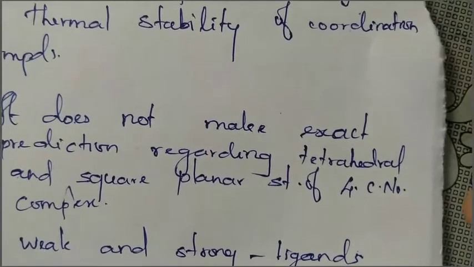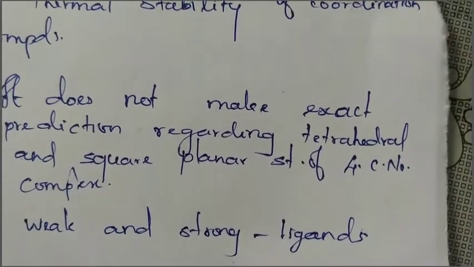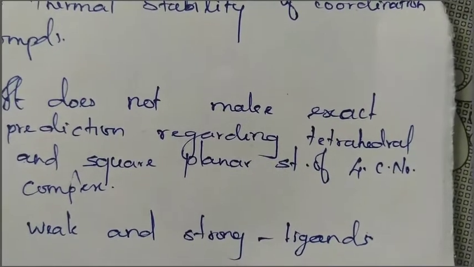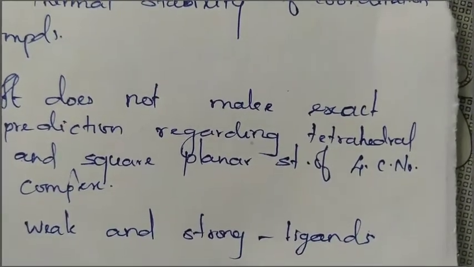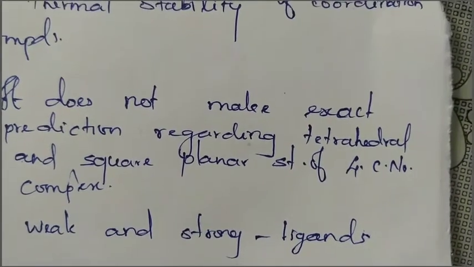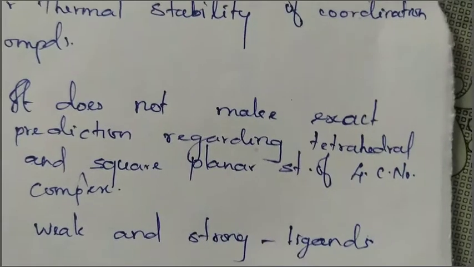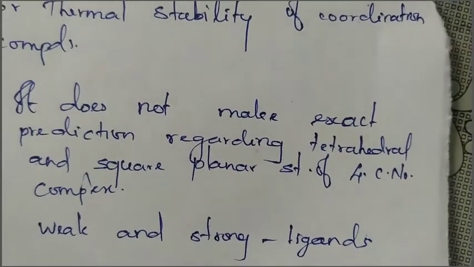But if the coordination number is 4, two hybridizations are possible, sp3 or dsp2. One is tetrahedral, another one is square planar. But there is no proper explanation given regarding the square planar and tetrahedral geometry.